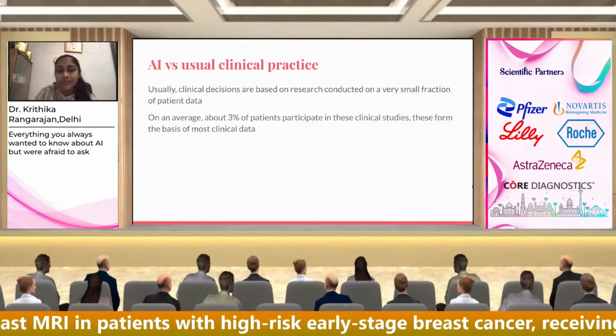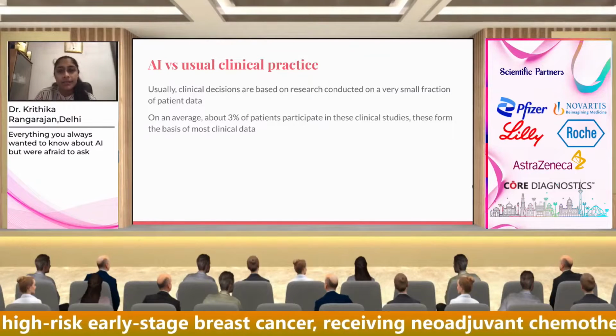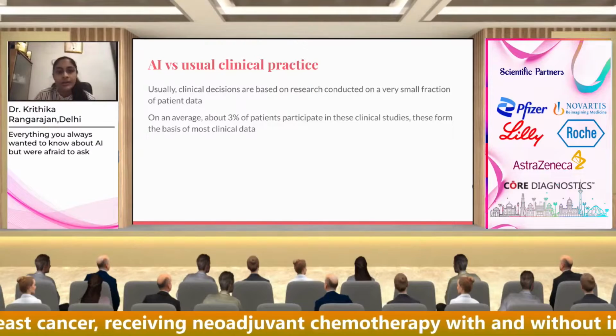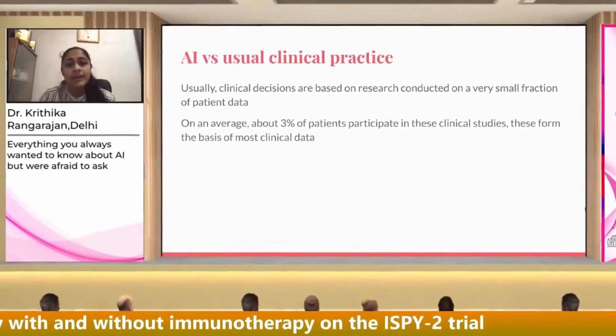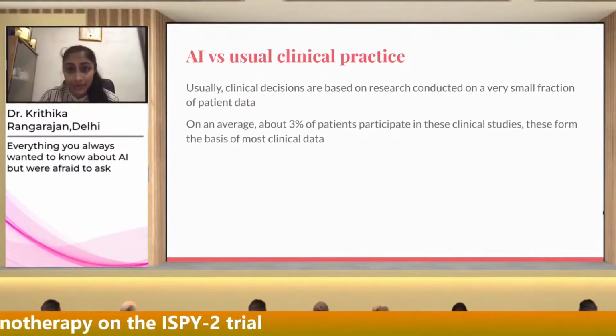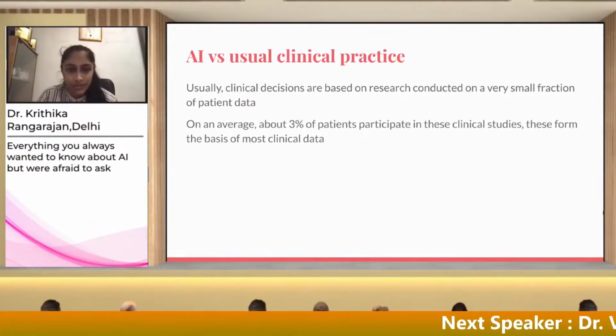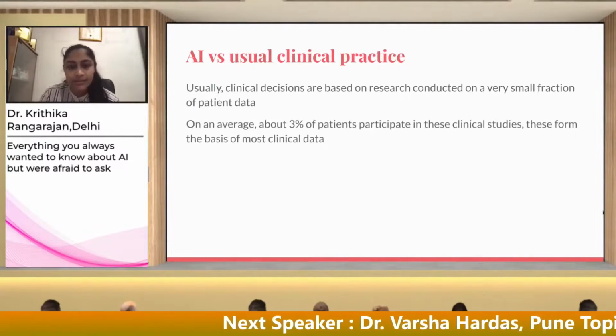This is where AI comes in, because it gives you the ability to analyze much larger fractions of patient data. So we're hoping that the conclusions we derive when we use AI in our clinical practice can be based on a much larger percentage of patients.